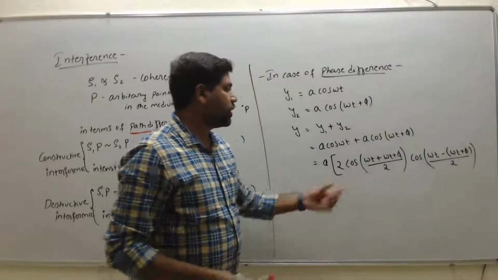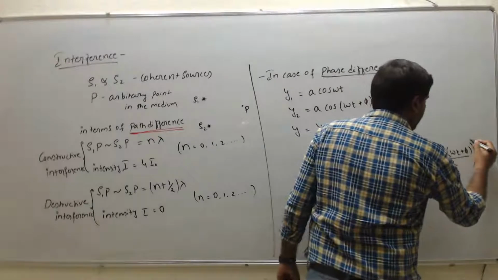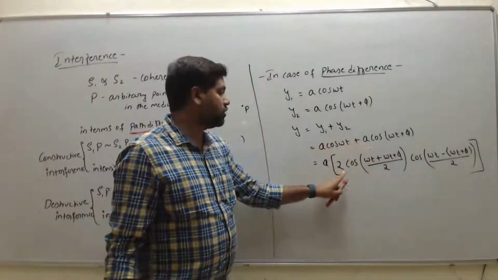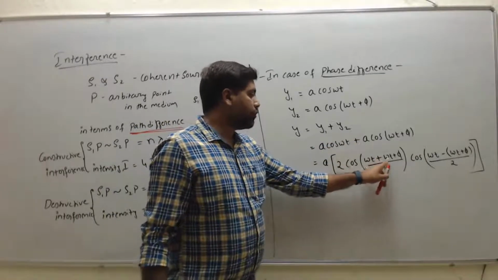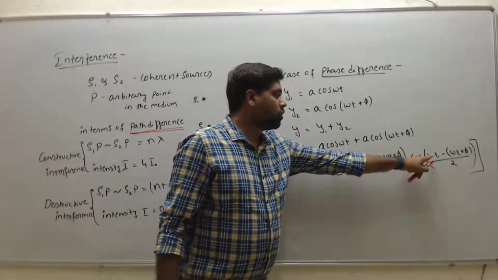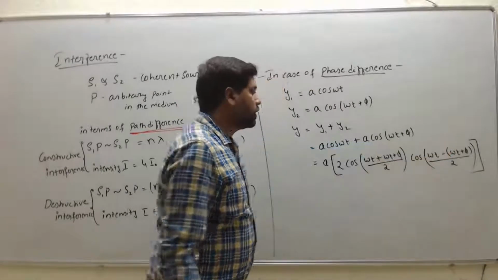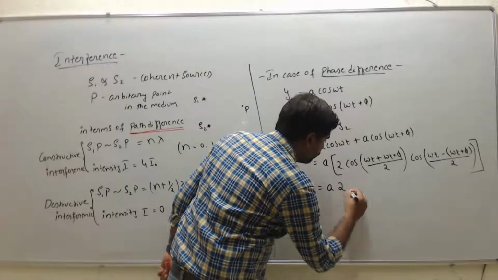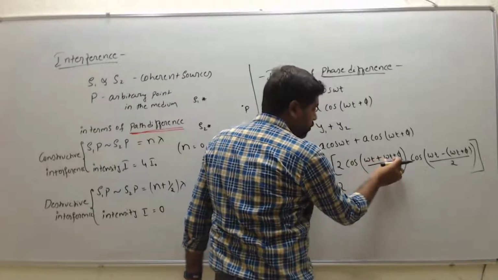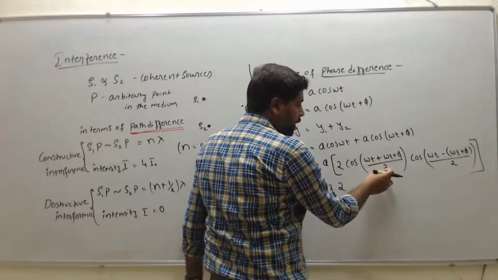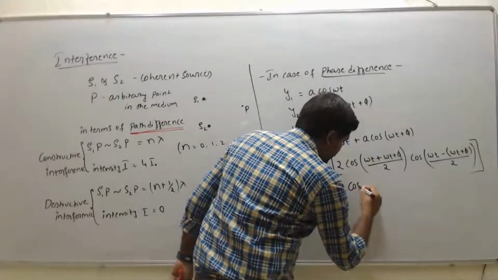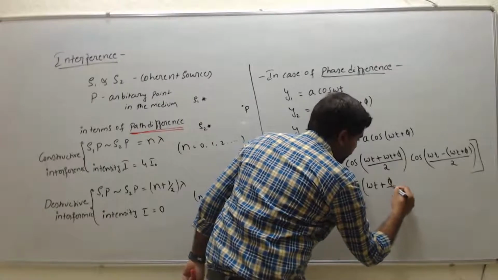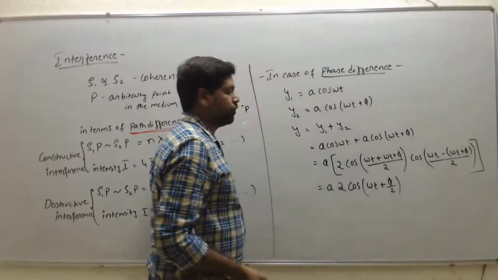So this is the trigonometric formula, that is cos A plus cos B equals 2 cos of (A plus B) divided by 2 into cos of (A minus B) divided by 2. Then if we simplify here, we get A into 2 times cos of (omega t plus omega t plus pi) divided by 2, that is omega t plus pi by 2.